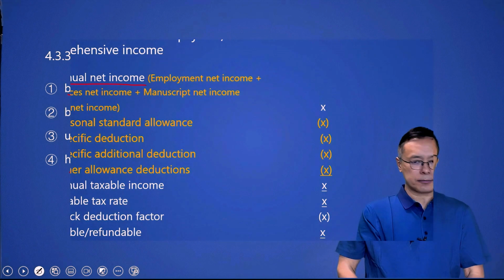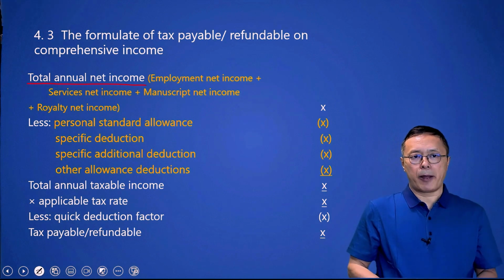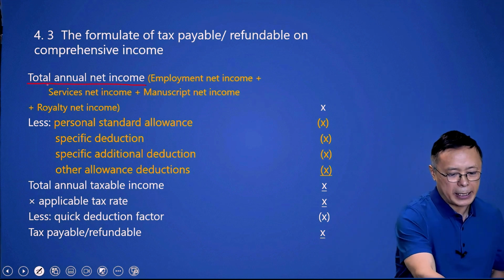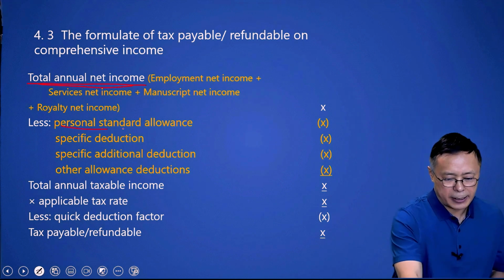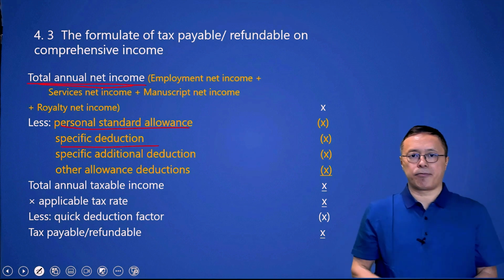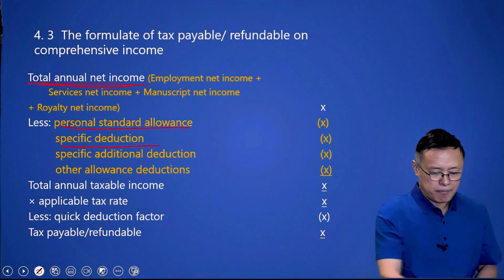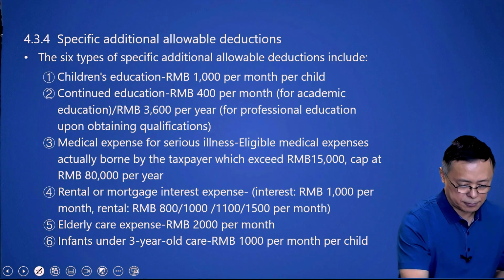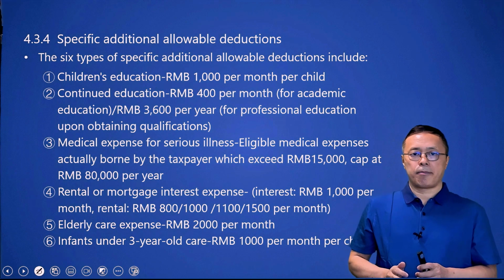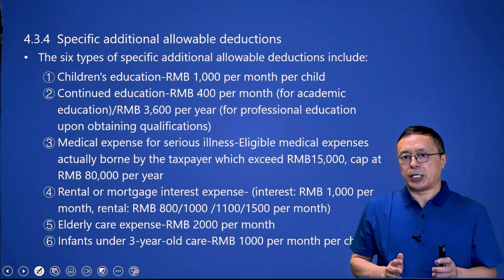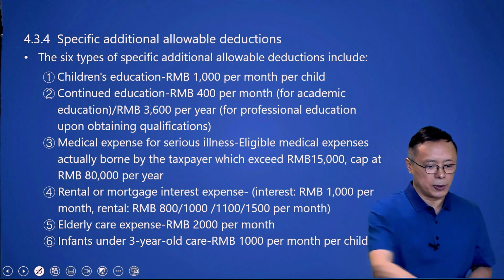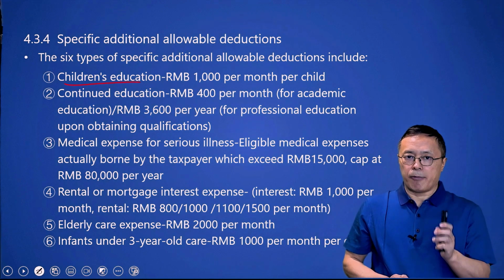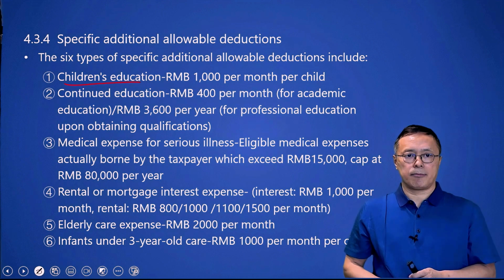Now we are back to this formula. As to this formula, we've talked about total annual net income, personal standard allowance, and specific deduction. Now, we continue to talk about specific additional deduction. In China, there are 6 types of specific additional allowable deductions. They include: children's education is RMB 1,000 per month per child.